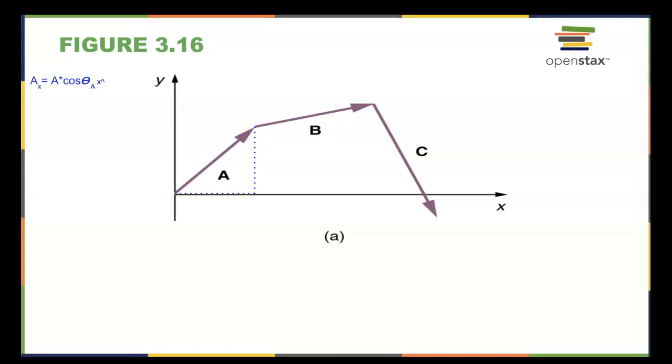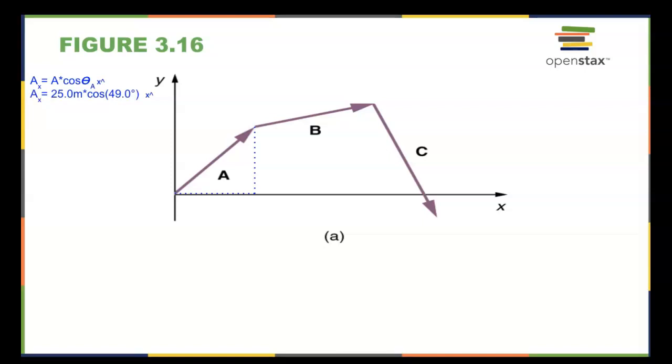Vector A's x component will be equal to vector A times cosine theta, where I have the little subscript A next to the theta because we do have three different vectors with three different thetas. So this was theta A. And I've included an x hat here to emphasize the x component of A will be in the x direction.